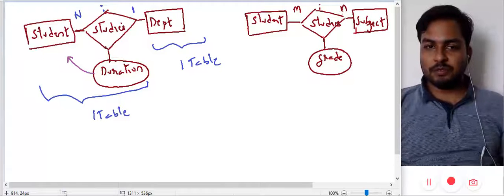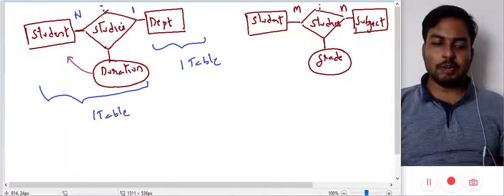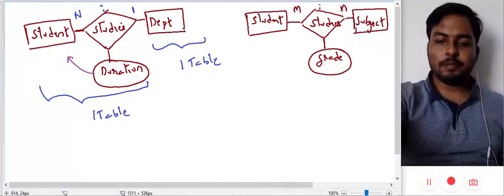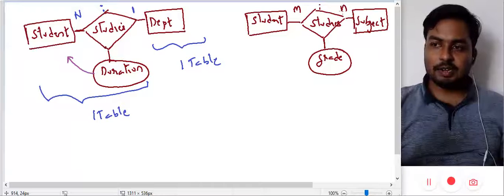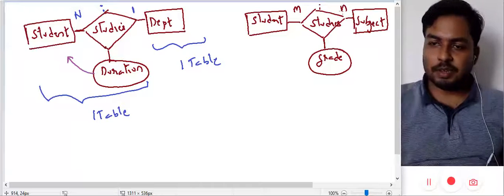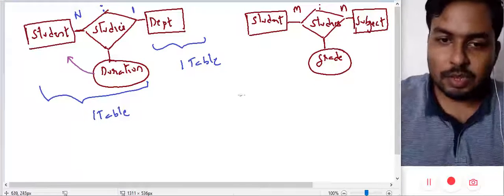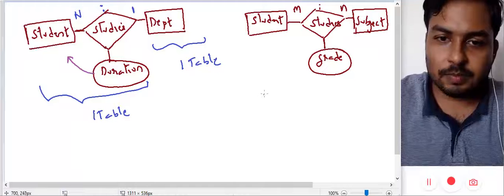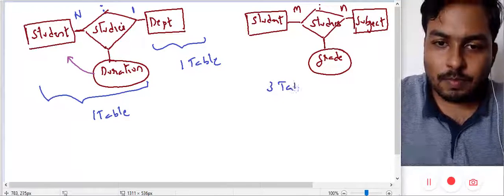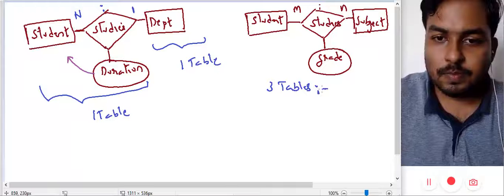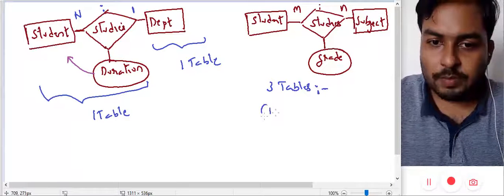How many tables were there in a many-to-many relationship? Three tables: student, subject, and studies. So now also there will be three tables. One table is student.